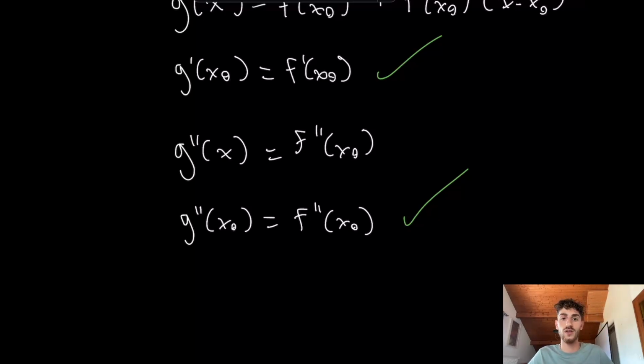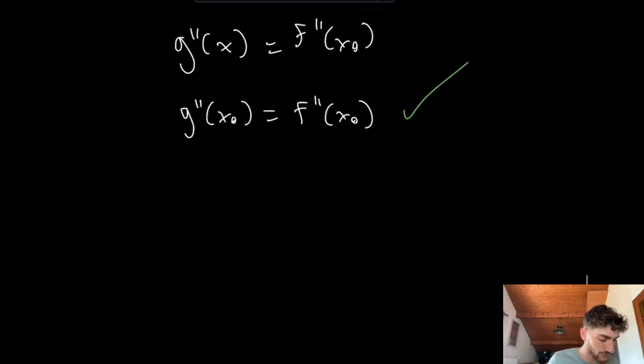Unless you keep doing this pattern all the way to infinity, you're not going to be characterizing the rate of change perfectly. You're always going to be missing a term for which the nth derivative isn't going to match. So you have to carry this on to infinity.